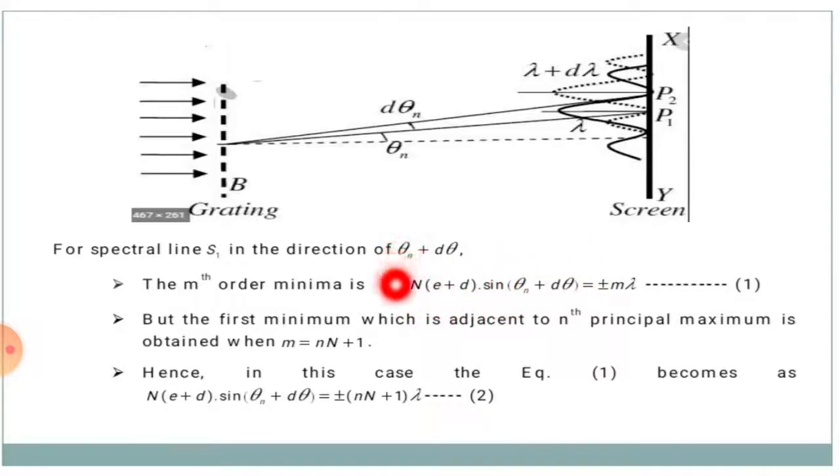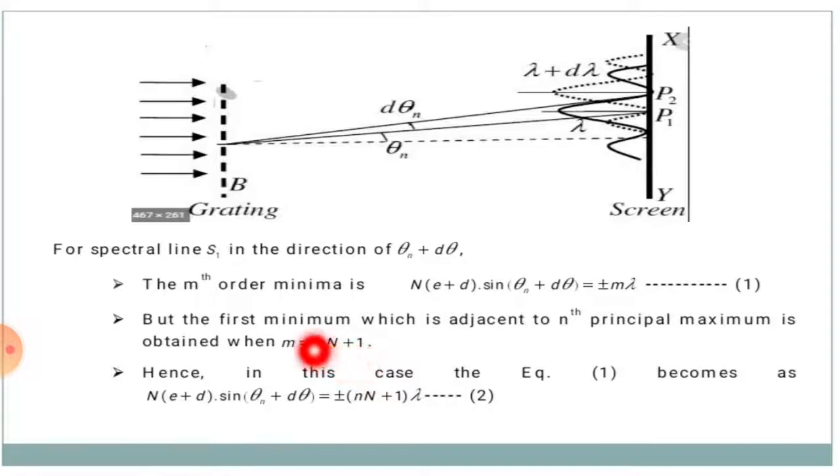Here capital N represents the number of equidistant parallel slits on the diffraction grating per unit width. But this minimum intensity, which is adjacent to the principal maxima of lambda plus d lambda, is only obtained by substituting the value of m by (m N plus 1).